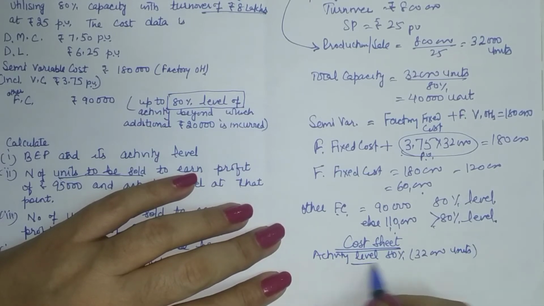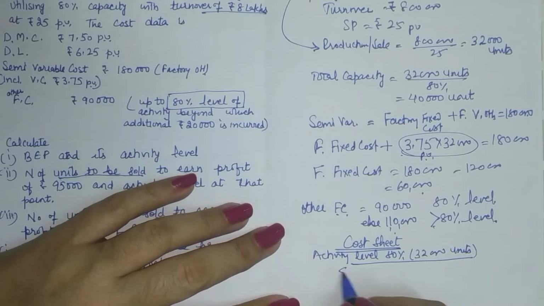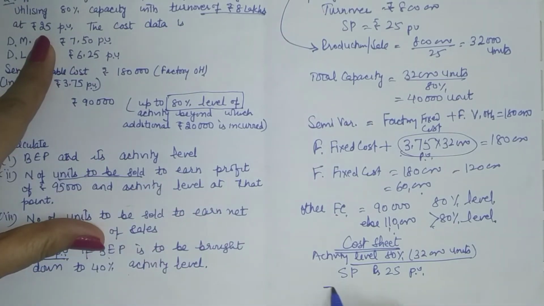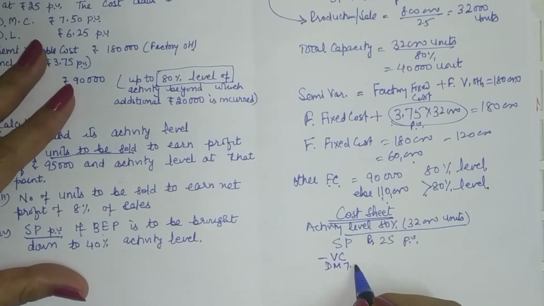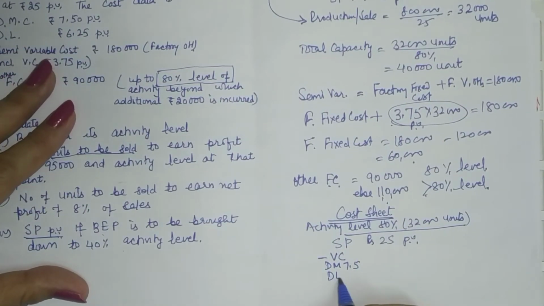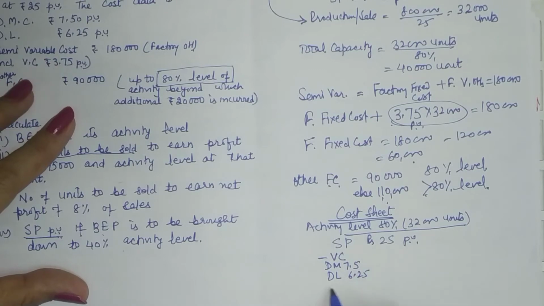Now for this level, what do we have? We have selling price 25 rupees per unit, less variable cost. Components of variable cost are direct material 7.5, direct labor 6.25 and factory overheads 3.75.